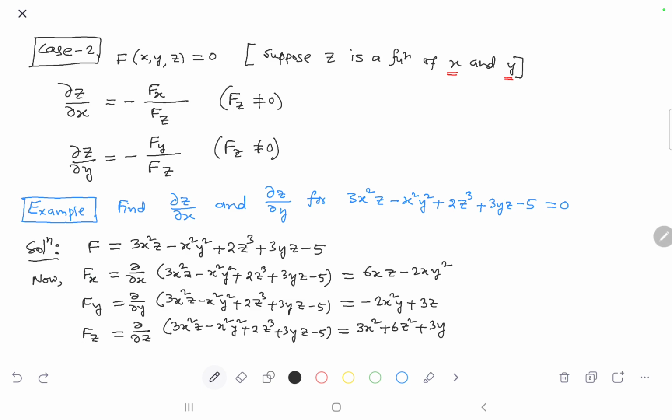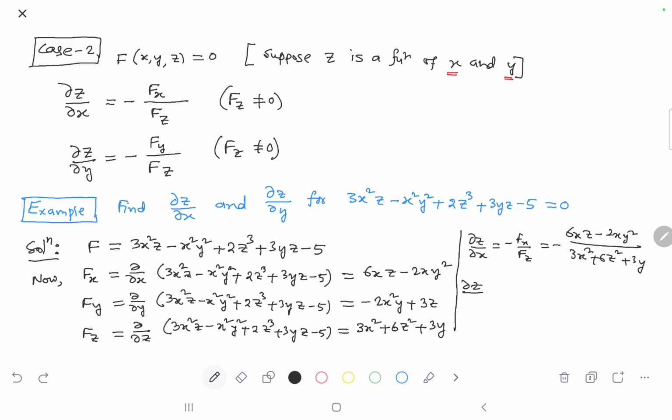Now we have fx, fy, fg. Now we put them in the formula above. So what is del z del x? Del z del x is minus fx over fg. So minus of fx is 6xg minus 2xy square, divided by 3x square plus 6g square plus 3y.